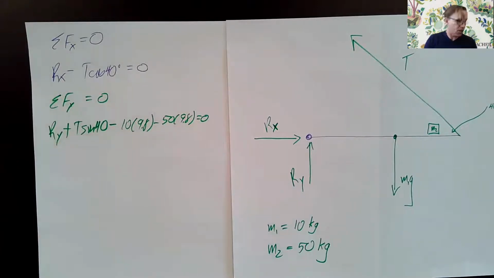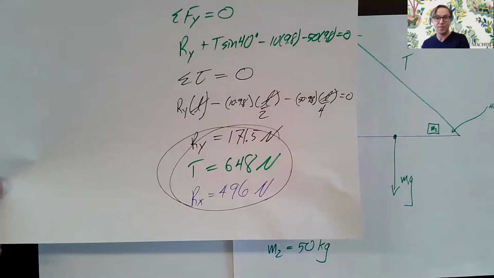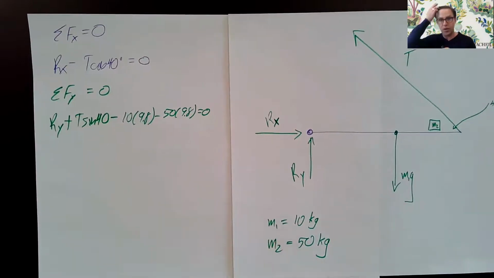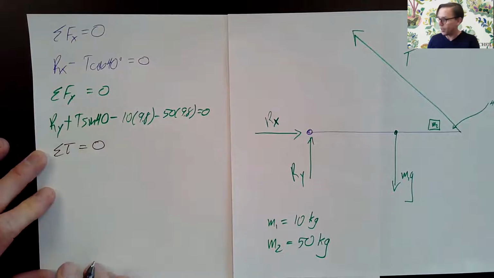And now it is this third equation that's different, right? So feel free to press pause if you want to do this on your own, or since you already did the first one on your own, feel free to just follow along. But we're going to do sigma tau, or the sum of all the torques, equals 0.